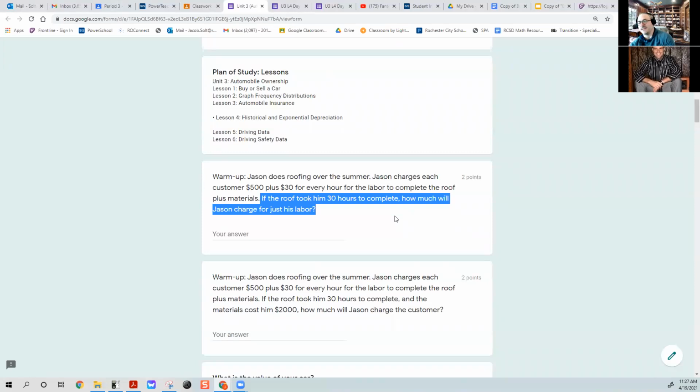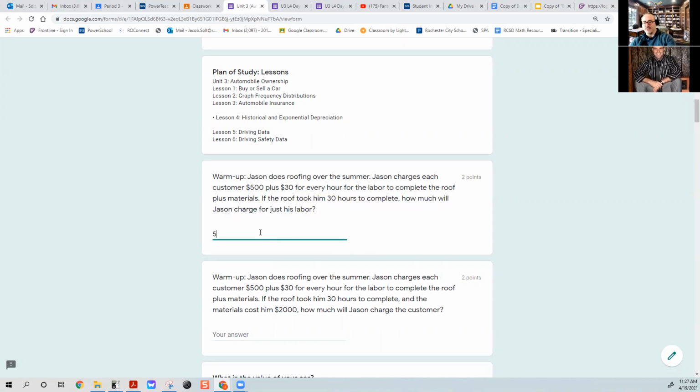Okay, let me just talk about this then. If the roof took him 30 hours to complete, how much will Jason charge just for his labor? Well, we see that he charges $500 to start. That's the fee he charges just to drive out to a house to do the job. He's going to charge a flat fee of $500 just to drive out. And then he's going to charge an additional fee of $30 for every hour of labor.